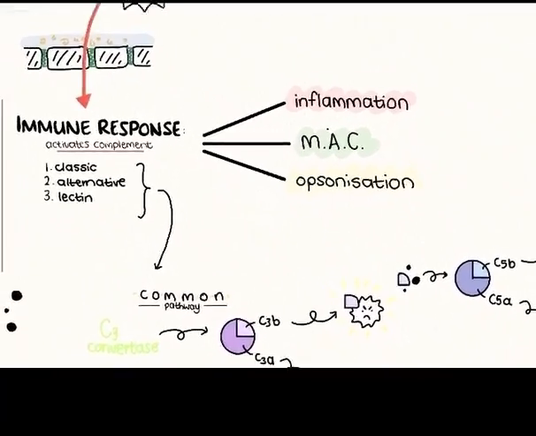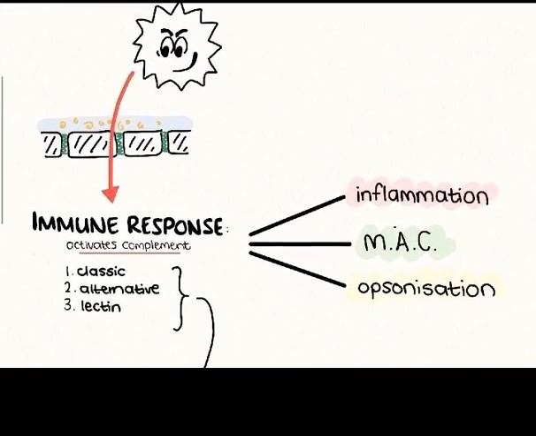When these pathogens manage to evade destruction at the barriers, they may induce an initial immune response by complement. The complement system consists of 3 pathways: the classic pathway, so named because it was discovered first; the alternative pathway, which was the pathway that was discovered next, or the other pathway, and therefore called the alternative pathway; and the lectin pathway, because I guess they ran out of things to say other.